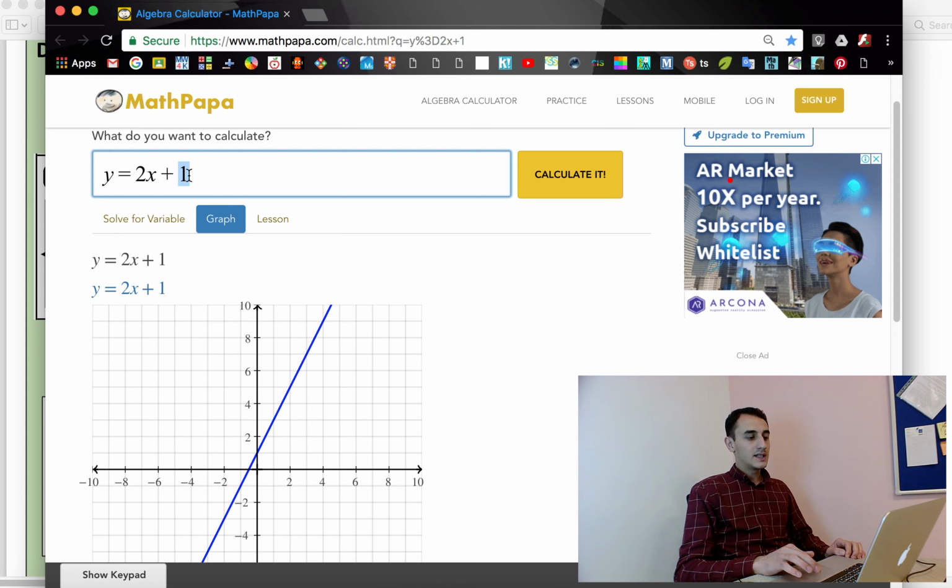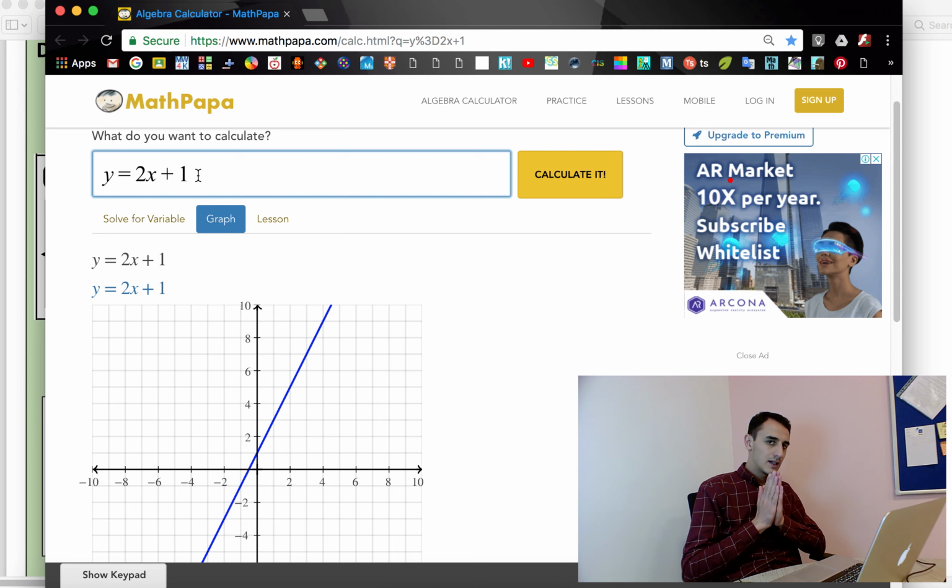Okay, and these numbers affect the position of the graph on the coordinate plane. For example, if it is 2x plus 2, the line will change its given position, the previous position. It will change. Okay, so and now we'll try to analyze how these two numbers affect the graph of the line when they are changing.